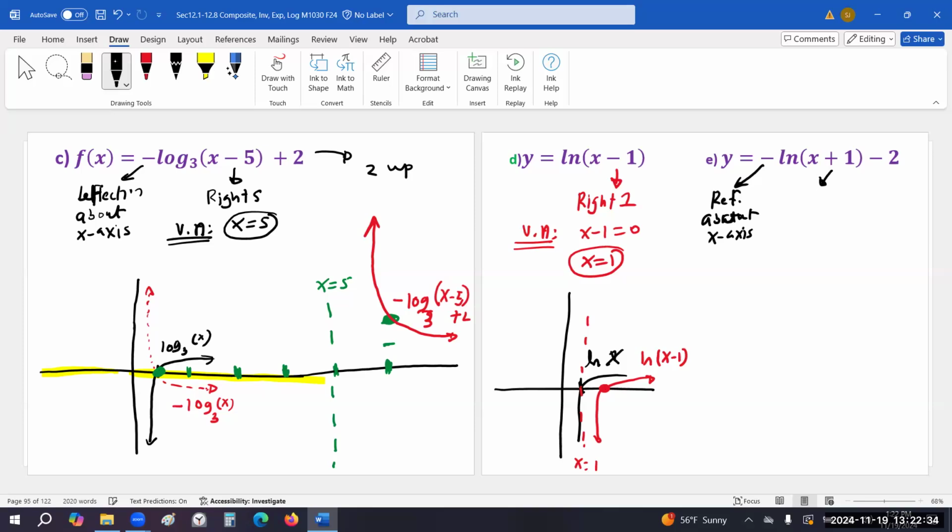And you have +1 inside. Left one. So what is the vertical asymptote? X equals -1. If you just write -1, 1 point will be deducted. Down two.